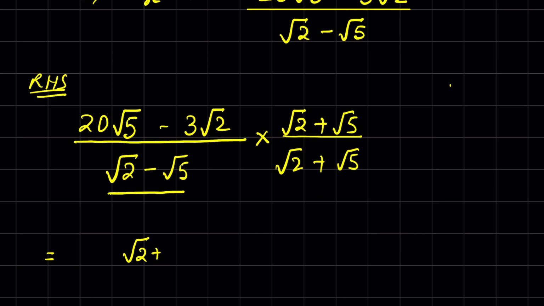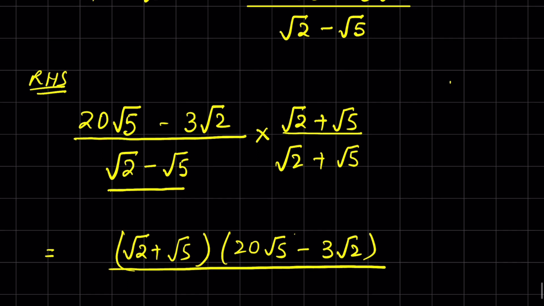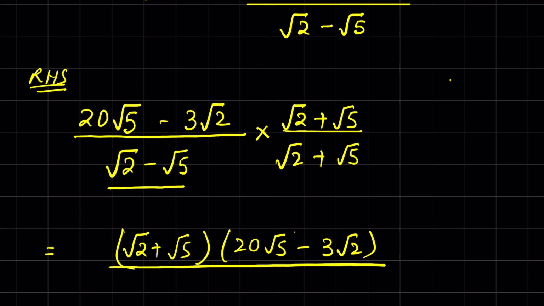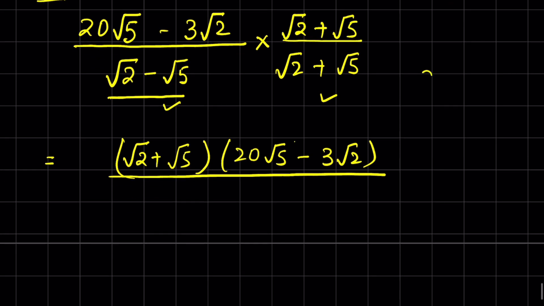Now (√2 + √5) multiplied to (20√5 − 3√2) upon the denominator, which is now in the form of the difference of squares: (a − b)(a + b), which we can write as a² − b².